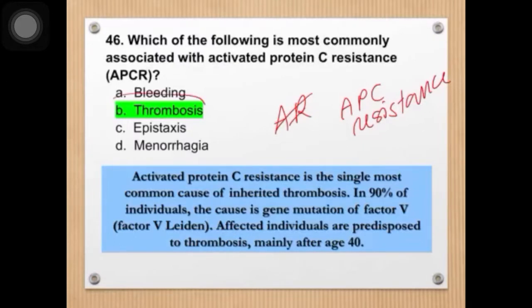In 90% of these individuals, the cause is a gene mutation of factor V or factor V Leiden. Affected individuals are prone to thrombosis, common sa mga 40 years older. Correct answer 46, letter B.